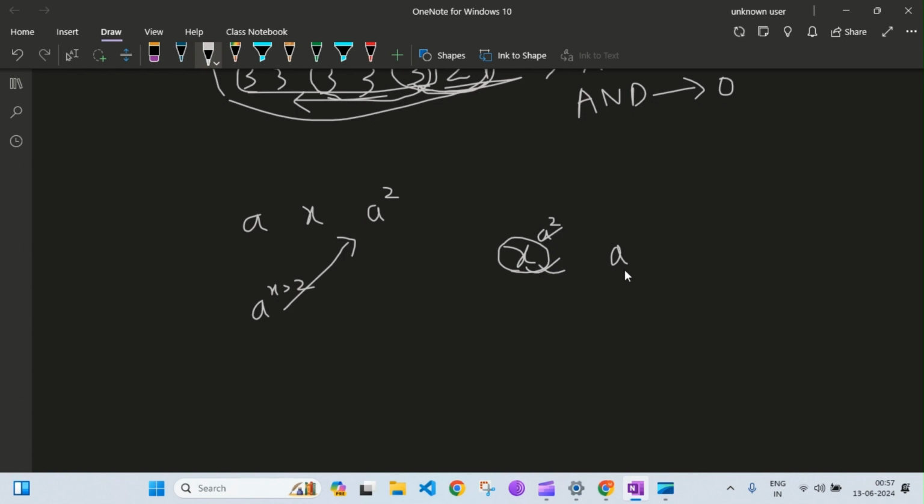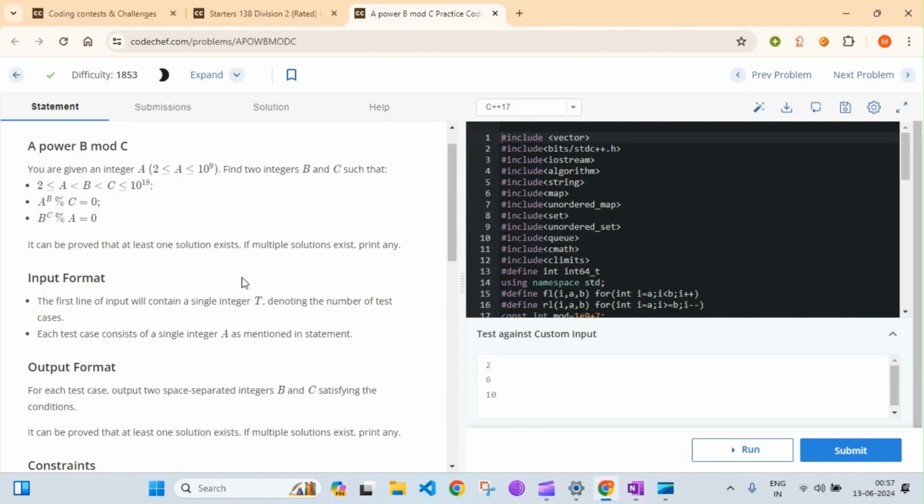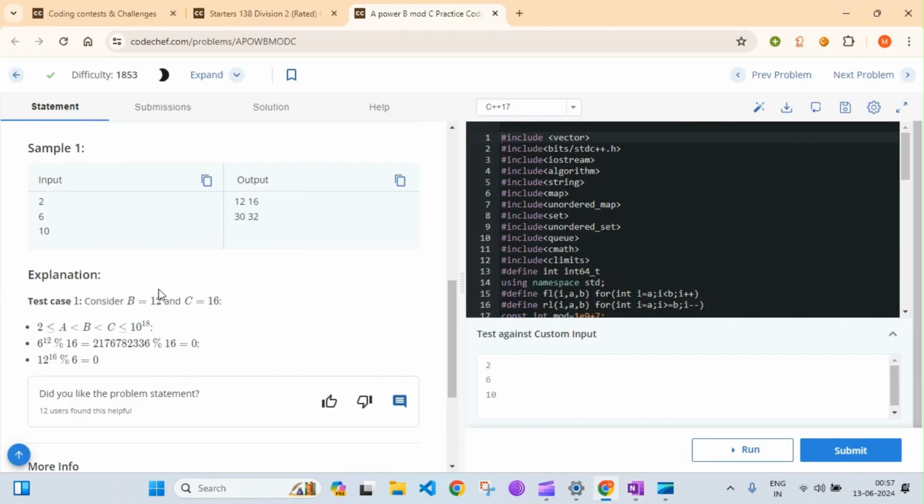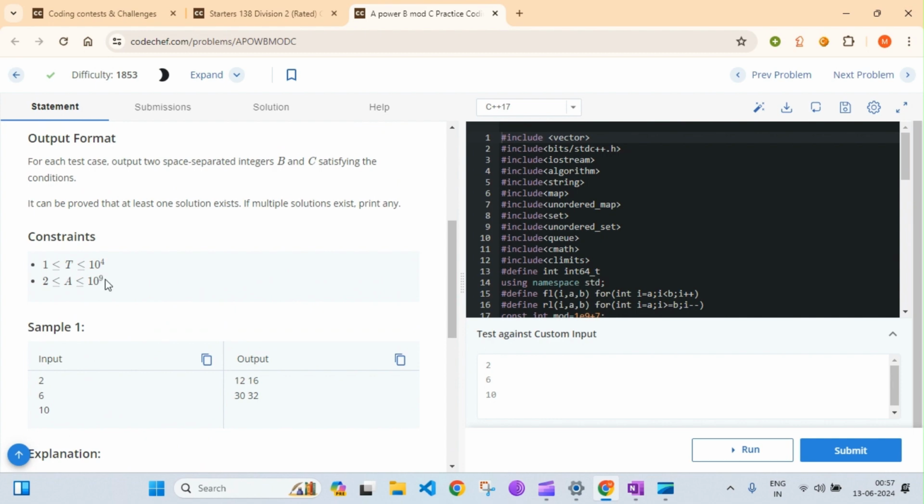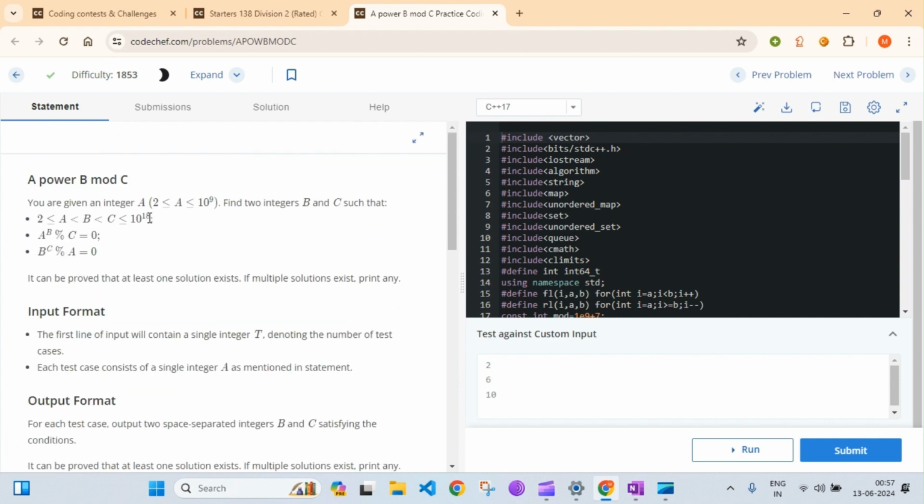a, right? And this pair I considered with the constraint, like the a maximum limit is up to 10 to the power 9, and we are allowed to take numbers in the range 10 to the power 18, right?